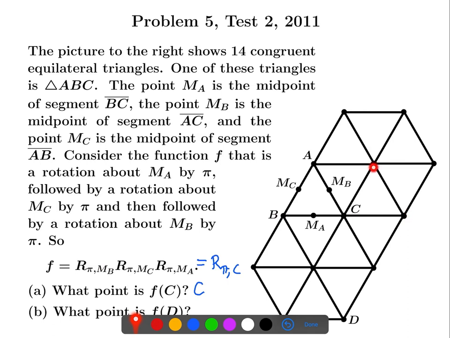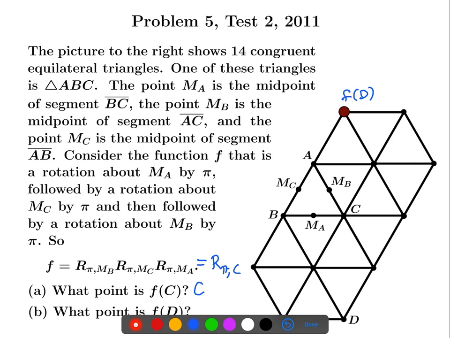If I use this point, you have to rotate around C by pi, you would end up here after doing those rotations. If I take this point as in the problem, I want to go around C by pi, so I should end up at this point. So that's going to be the answer to the problem here. You end up at f of D here.